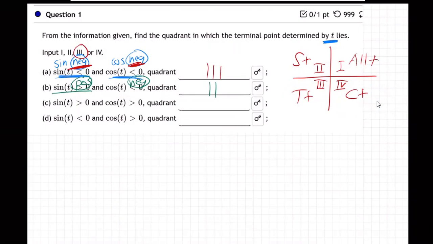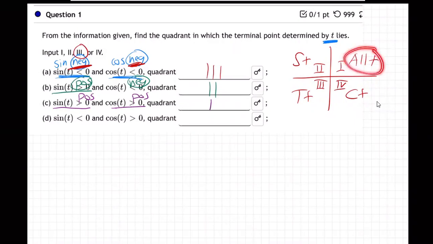Let's try another one. See, sine is greater than 0, so positive again. And cosine is also greater than 0. They're both positive. Where are sine and cosine both positive? Quadrant 1, huh?